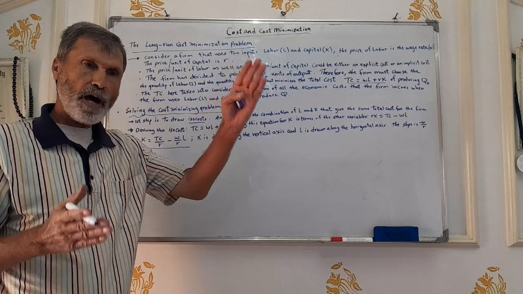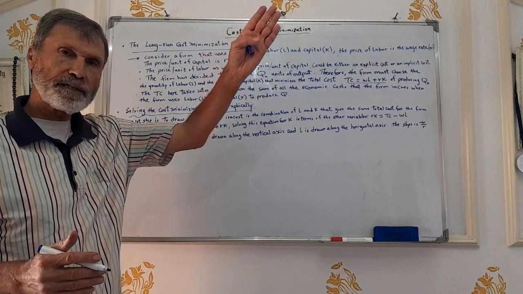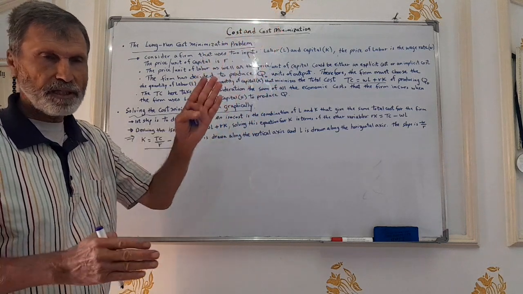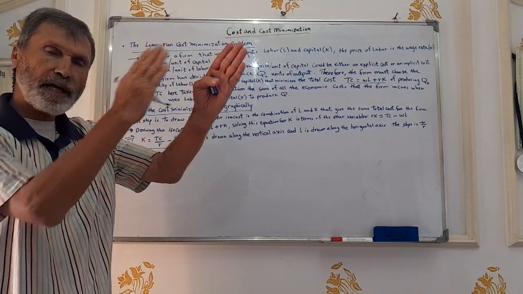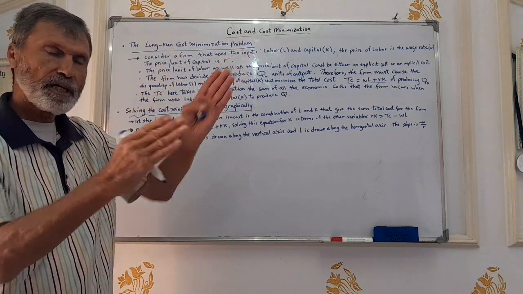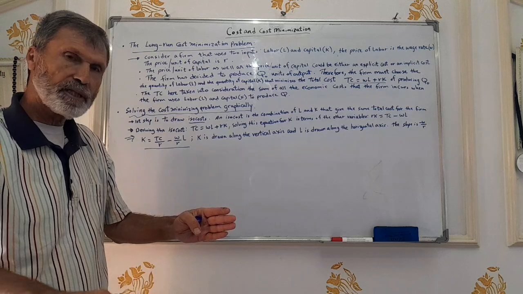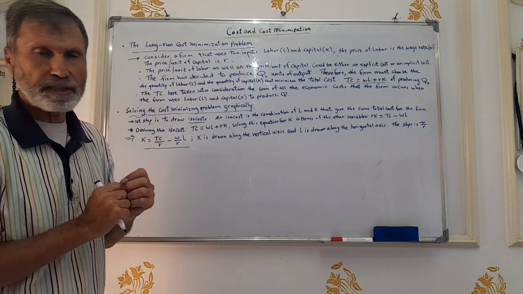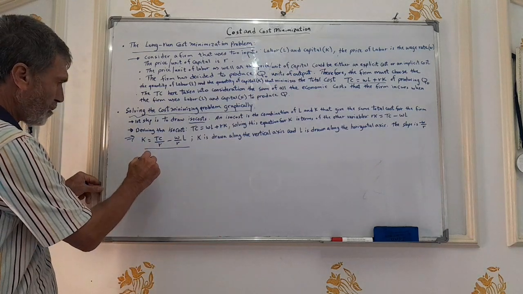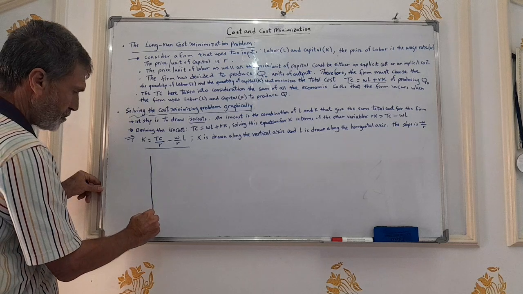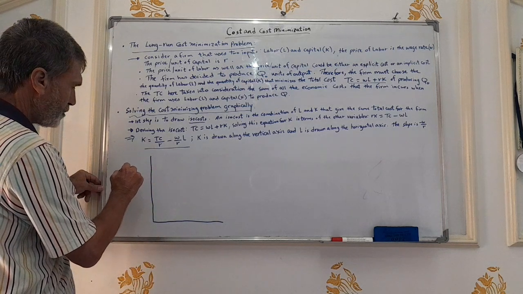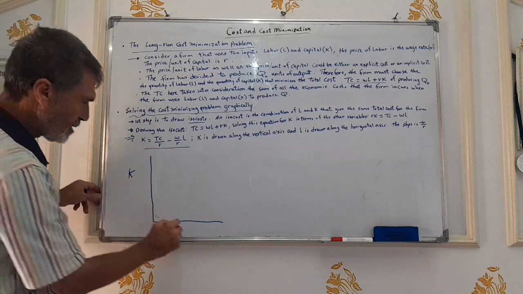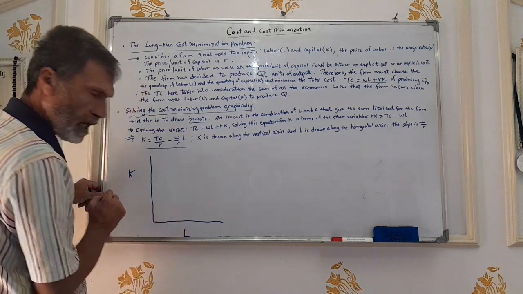Remember, for a plane, we have the y-intercept and the x-intercept. Here, since K is along the vertical axis, we look for the K-axis intercept and for the L-axis intercept. So to draw this one, we come up with this here. This is K over here in the vertical axis, and this is L along the horizontal axis.